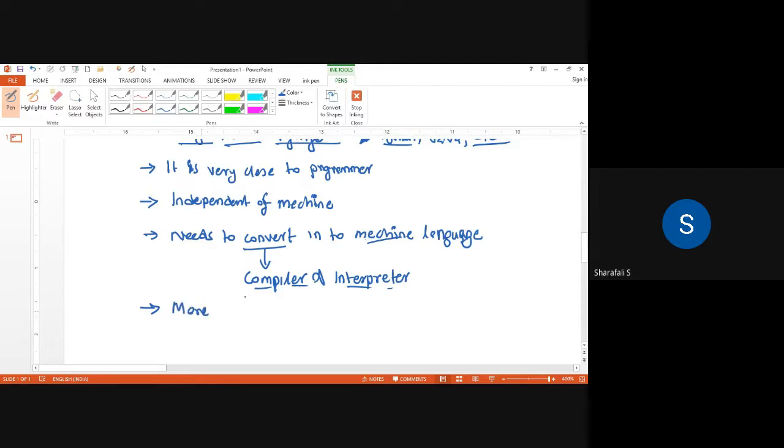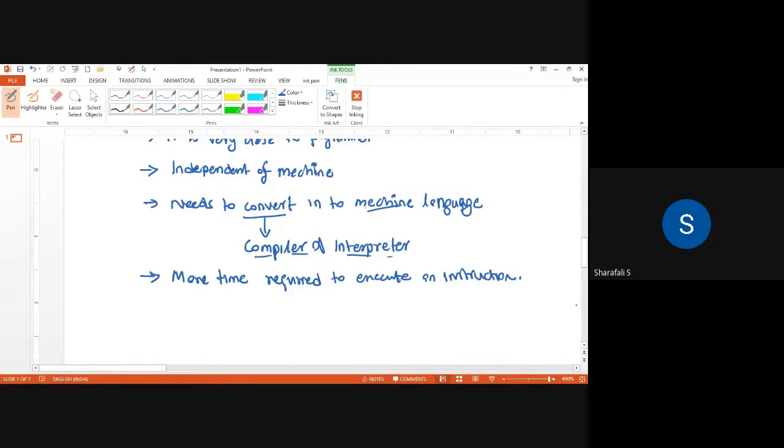More time is required to execute. So basically, it requires more time to execute any program or instructions.